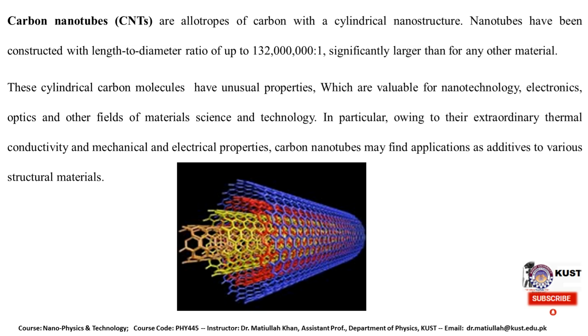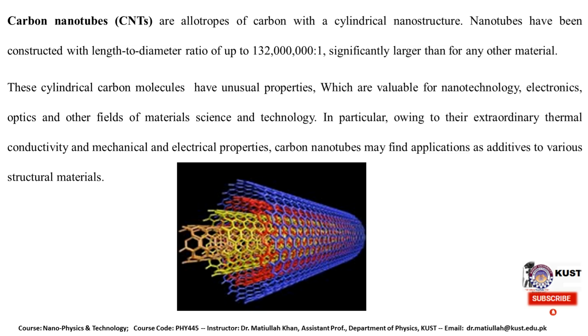Its properties are also very interesting because of its unique structure. These cylindrical carbon molecules have unusual properties which are valuable for nanotechnology, electronics, optics and other fields of materials science and technology. This material has extraordinary thermal conductivity and mechanical and electrical properties.